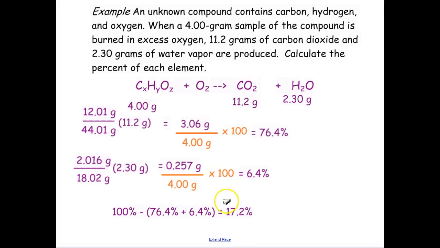So I know that 17.2% of my original compound is oxygen. Once I have these percents, then I can use an empirical formula problem just like any other empirical formula problem. Divide by the molar mass, divide by the smaller to find the smallest whole number ratio.